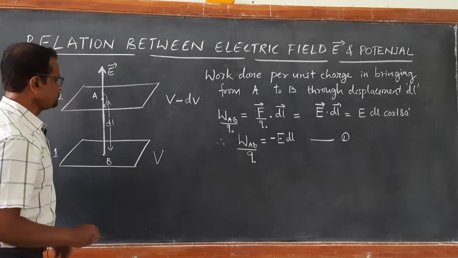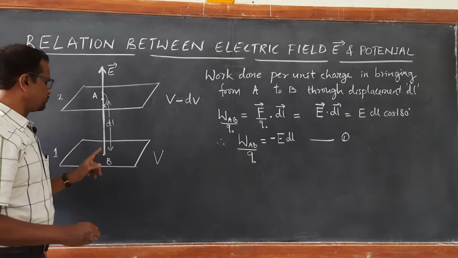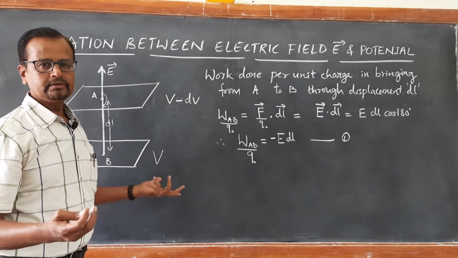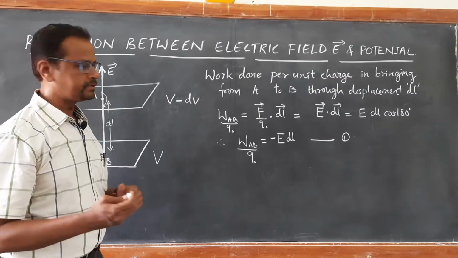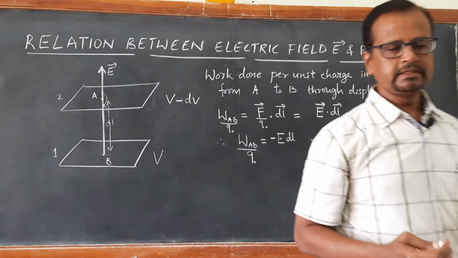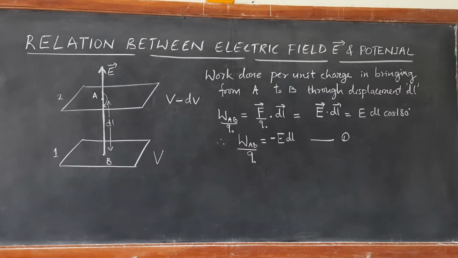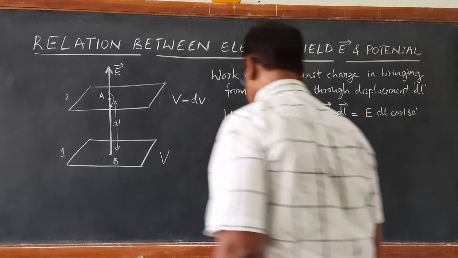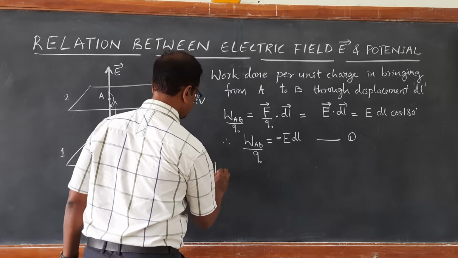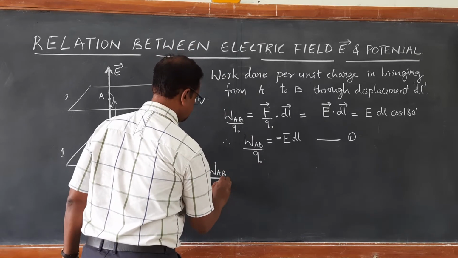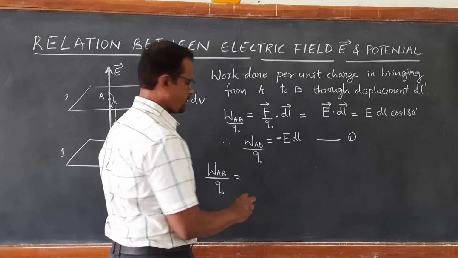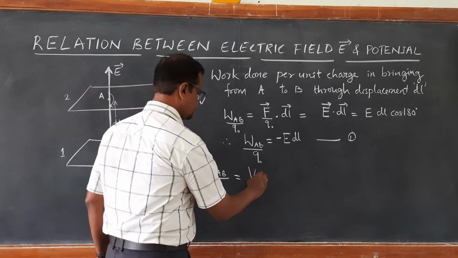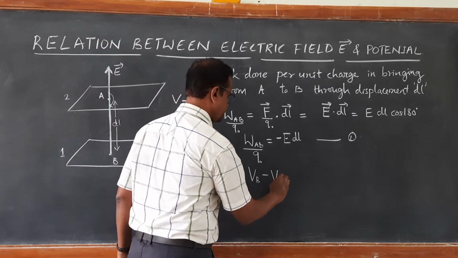Now, work done per unit charge moving from A to B also gives you the potential difference between B and A. That is also the definition of potential difference. Work done per unit charge is potential difference between B and A. So, it becomes VB minus VA.